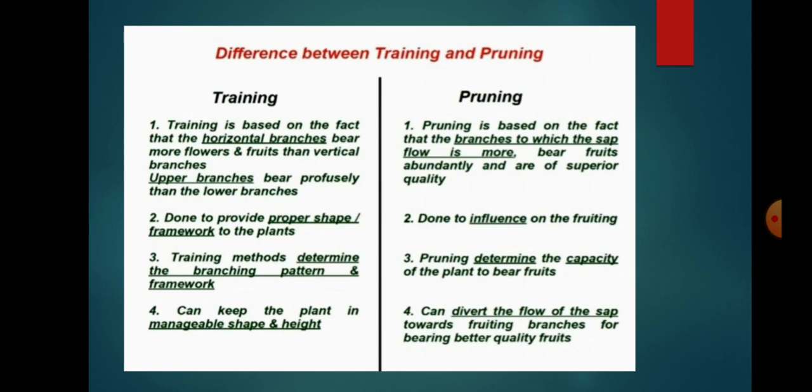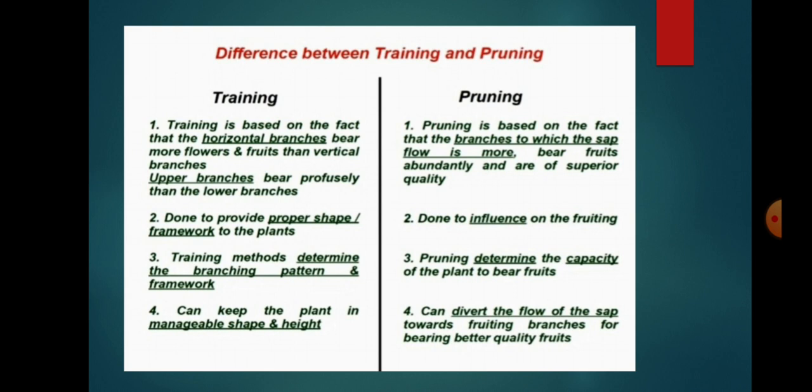Next, what is the difference between training and pruning? This must be noted. Training is based on the fact that horizontal branches bear more flowers and fruits than vertical branches. This is the main theory of training. Also, upper branches bear more profusely than the lower branches.